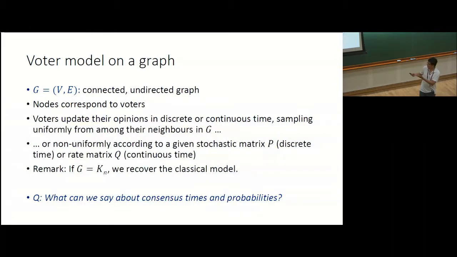So these generalize the voter model to arbitrary graphs. In discrete or continuous time, this is the most general version you can think of. Okay. And if G is the complete graph and these matrices are chosen uniformly, then you get back to the classical voter model. And again, the questions are about consensus times and probabilities.